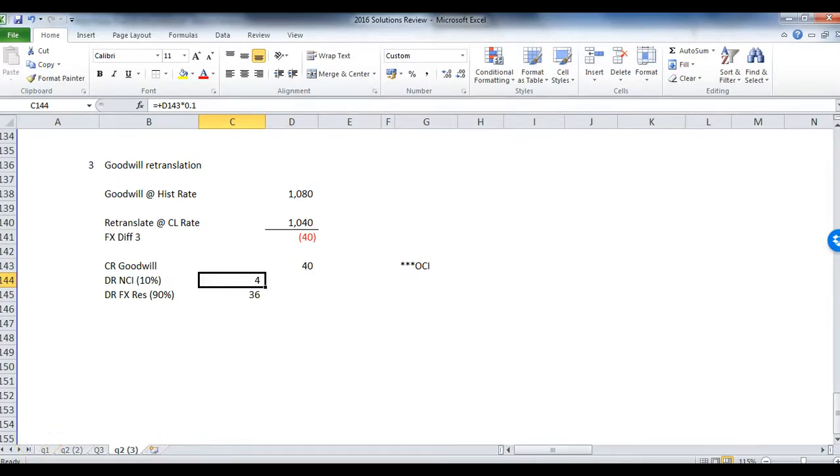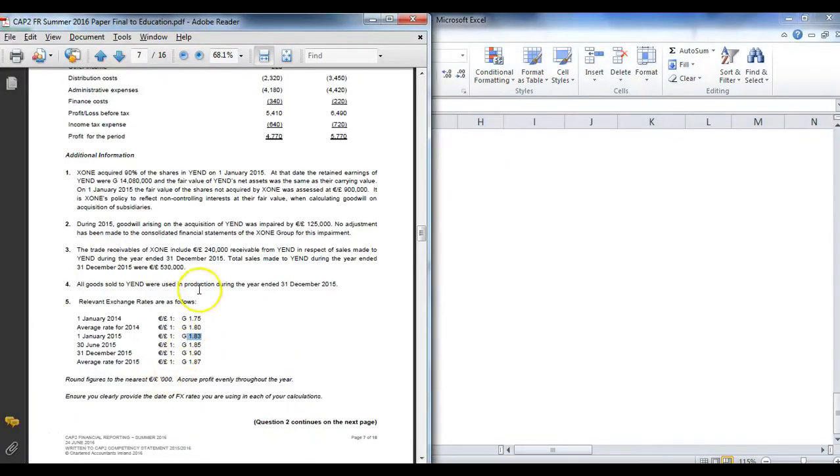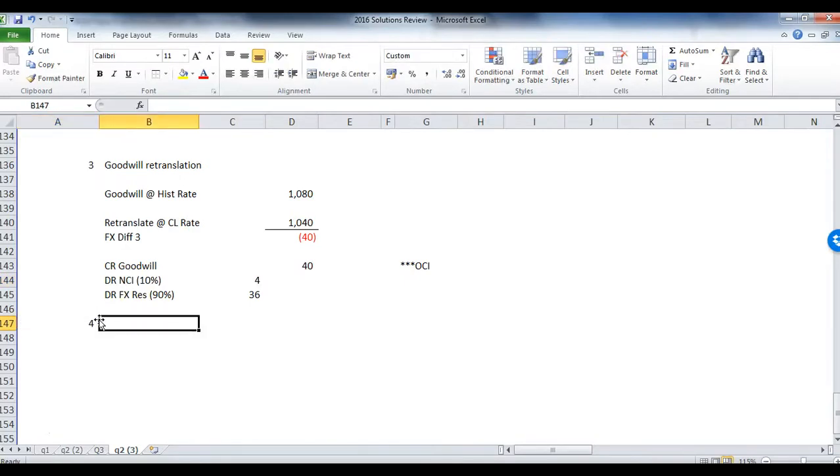Alright, so now we've dealt with the goodwill retranslation, so let's look at the next note to the question. There's a goodwill impairment. Goodwill is impaired during the year, so it's going to impact the SOCI, and no adjustment is made. Impaired at 125,000. So we'll go Journal 4, Goodwill Impairment, and it will be simply credit goodwill 125.